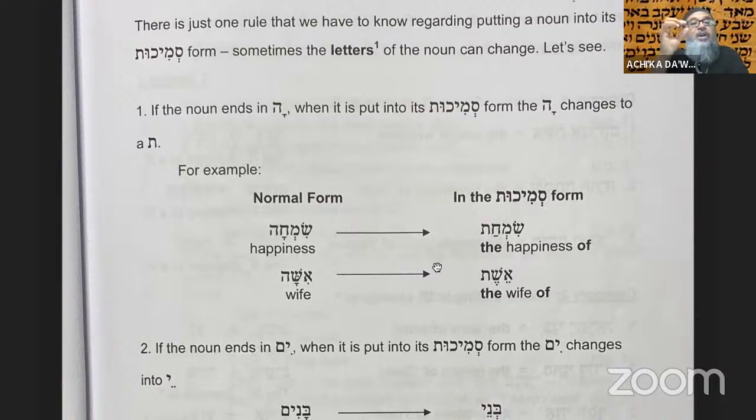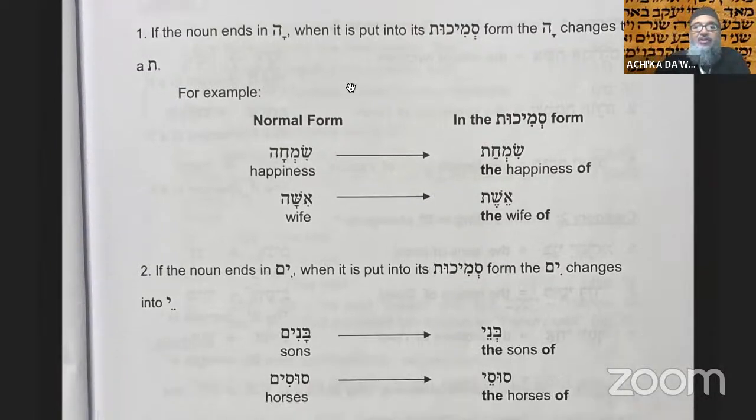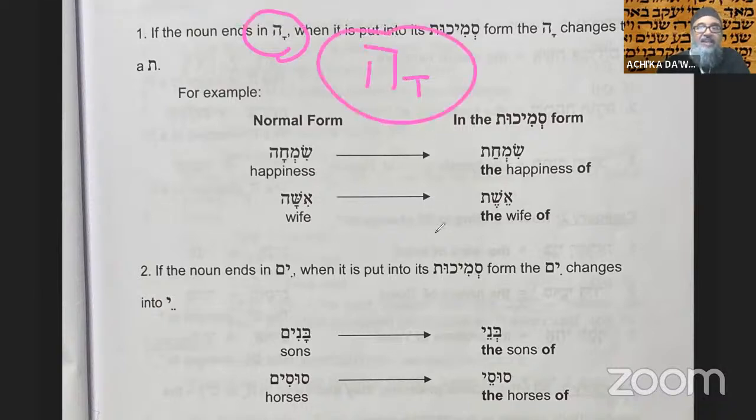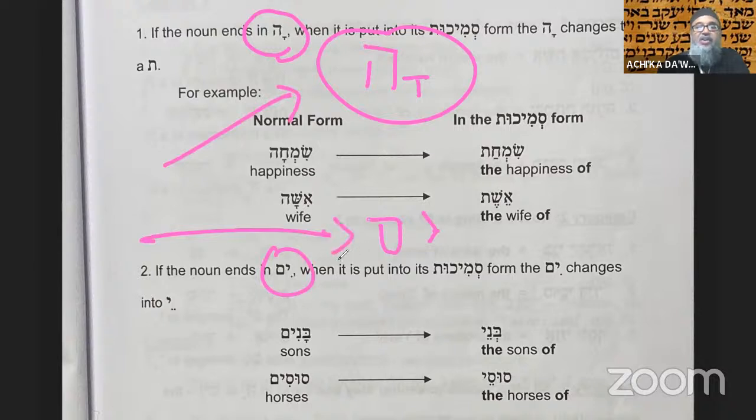Once you put something in a semi-coup form, you're putting two nouns next to each other. If one of the nouns has a feminine ending on it, like this right here, or if it has the masculine plural ending, if it has one of these two endings, you've got to change it. You've got to change the ending.